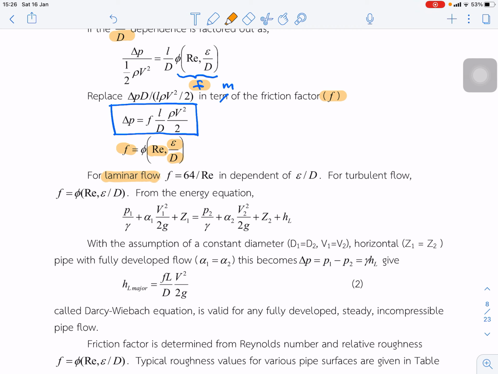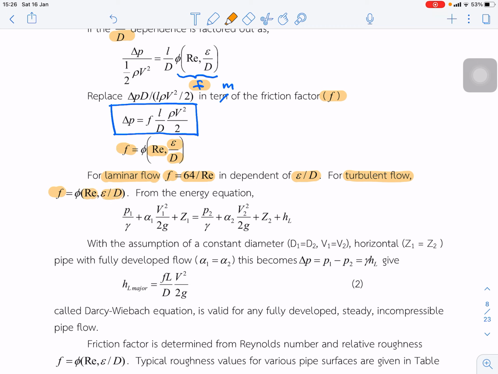And for laminar flow, f is a function of the Reynolds number, 64 divided by the Reynolds number, and it is independent of the roughness. For turbulent flow, the friction factor is a function of both the Reynolds number and the relative roughness.